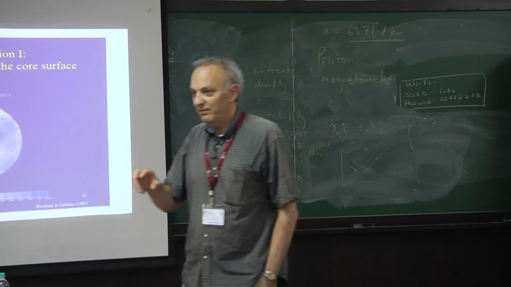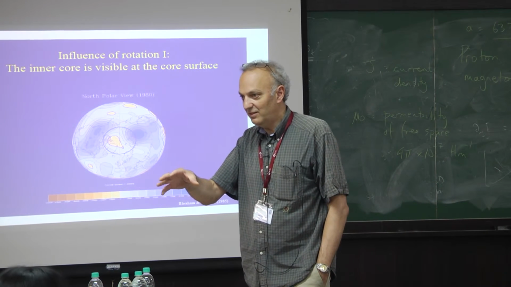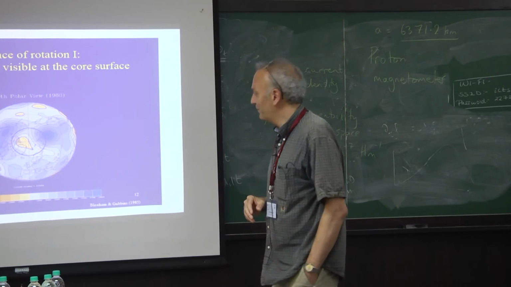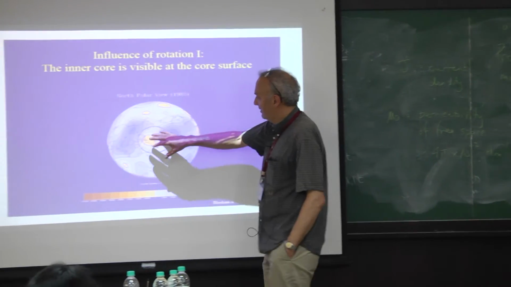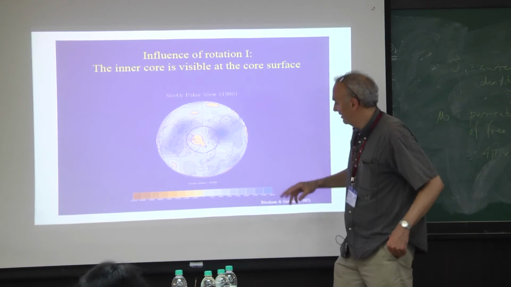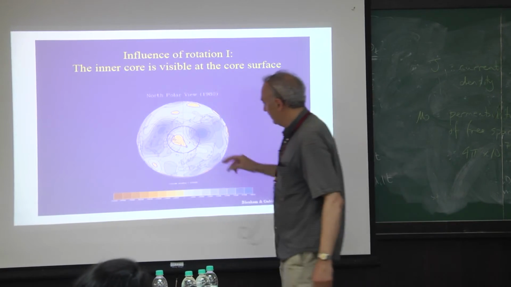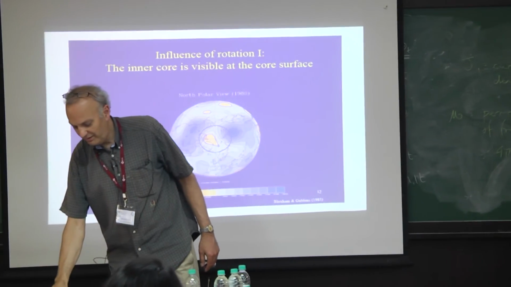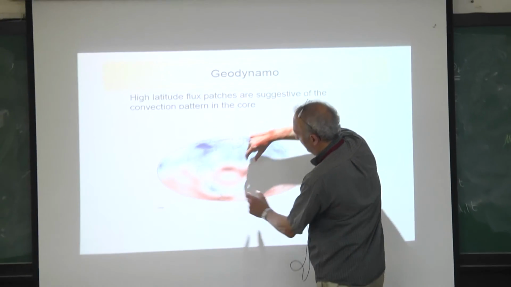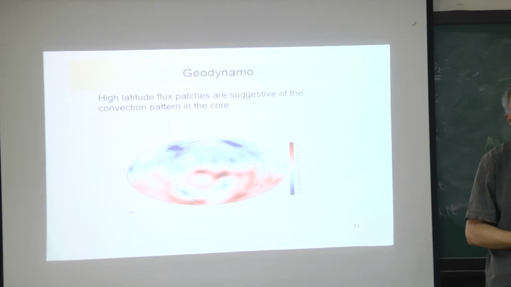I wasn't here first of all, but did you talk about the Proudman-Taylor theorem, Alex? It's coming up. Okay. Chris will tell you what the dynamical interpretation of these things is, but they look like concentrations of flux sitting just outside the tangent cylinder, and they're part of the dynamo process.